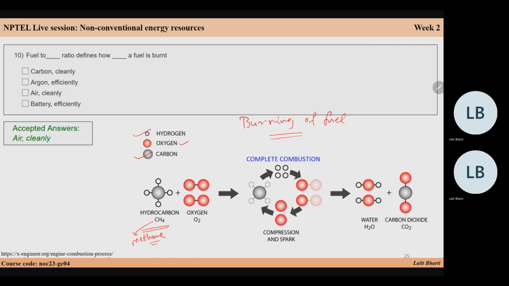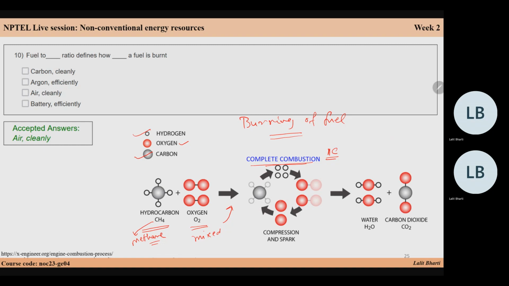In the process of burning, the methane or these hydrocarbons, the fuel is first mixed with this oxygen. This is an example of combustion, or internal combustion in an engine, and the overall burning of the fuel is always similar. First this fuel interacts with the oxygen.